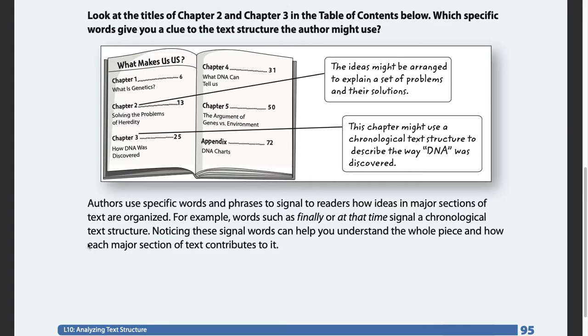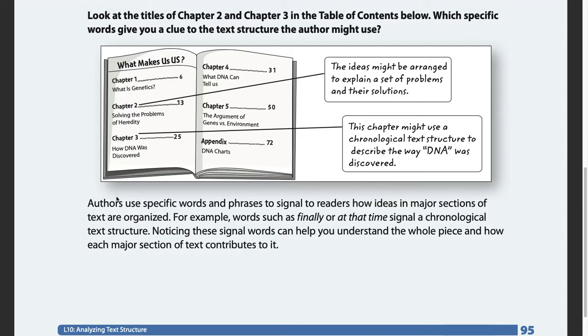You might see things for chronological like previously, later, finally. That shows you that they're putting things in order. For problem and solution, you'll see things like challenge or resolution. Cause and effect, you'll see things like as a result of. Compare and contrast, you'll see similarly, unlike. So there are all these words that clue you in.